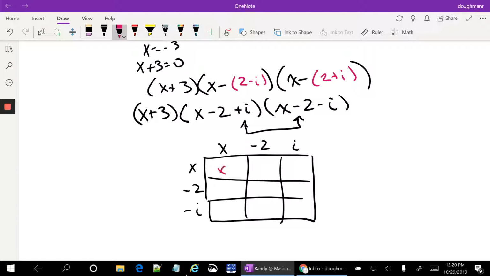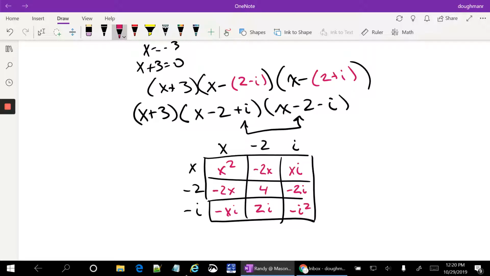So I've got x minus 2 plus i and x minus 2 minus i, and fill in the boxes. I have an x squared, a minus 2x, and an xi. This is negative 2x also. Negative 2 times negative 2 is positive 4, and then a negative 2i. And then I got a negative xi, a positive 2i, and a negative i squared.